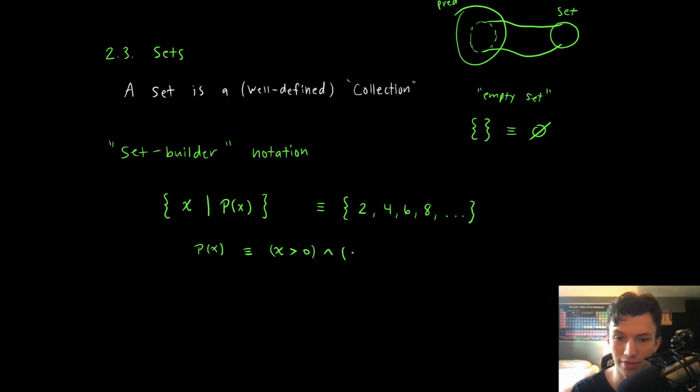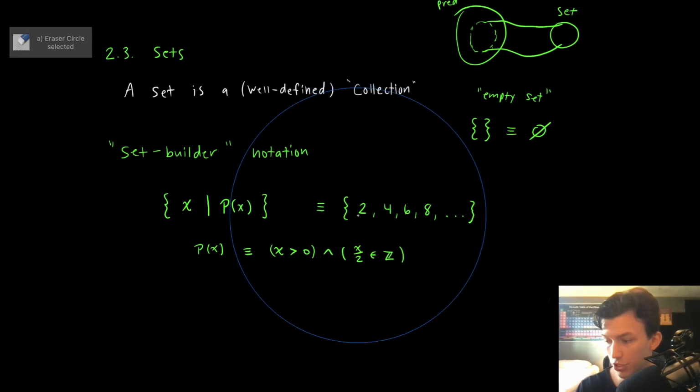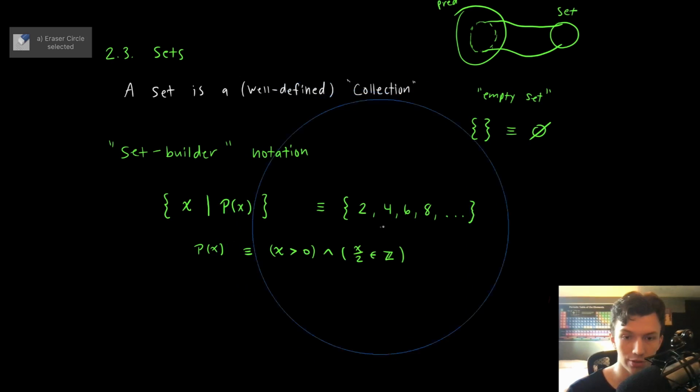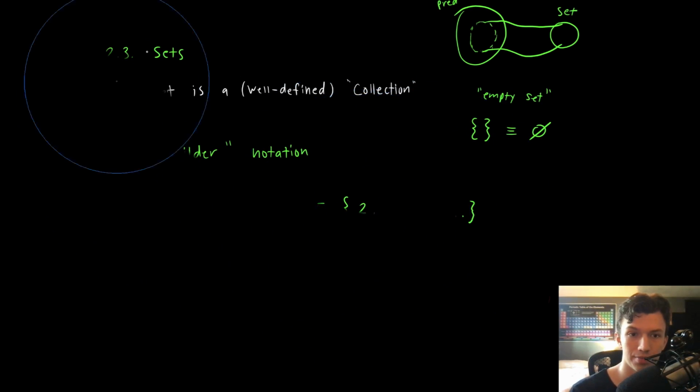So x over 2 is an integer, let's say. That's one way of saying it, right? Positive integer. That is our predicate p of x. So that would be sets. We did relations, functions, sets. Let's go to some set relations.